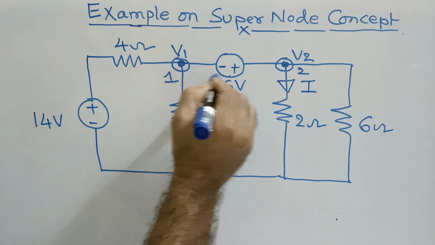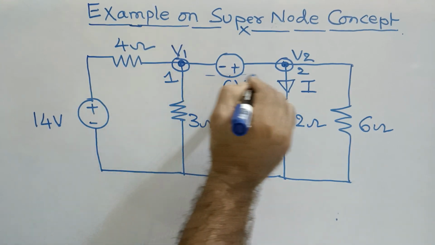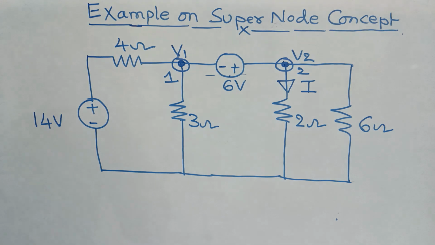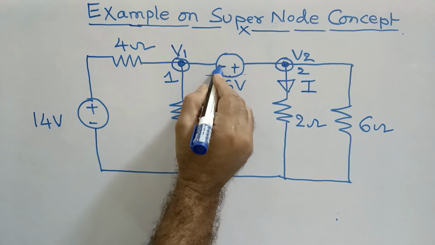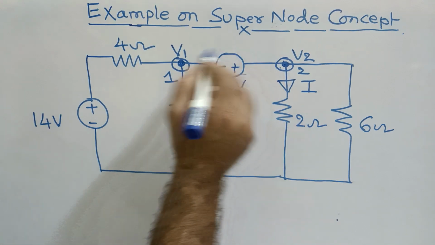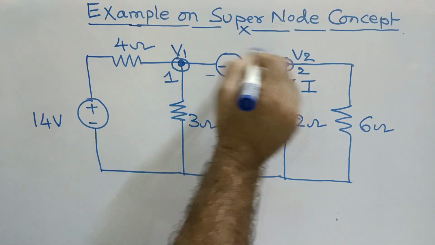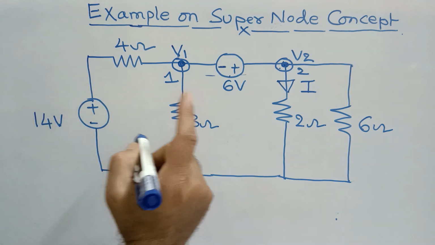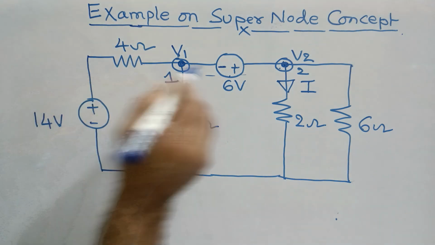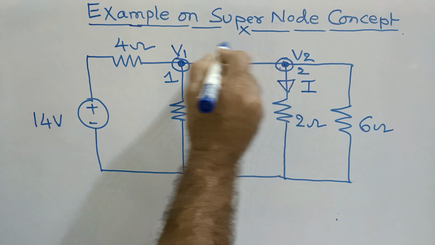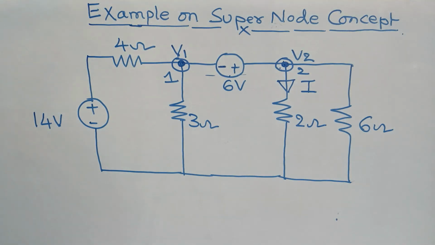Therefore this entire path can be removed, disconnected, and considered as a common node, or supernode. So instead of considering these two, we can consider the whole as a common node or supernode. For that we have to remove or disconnect this 6-volt source, as we have seen in our previous example. In the same way we can see here also. So it is very simple.